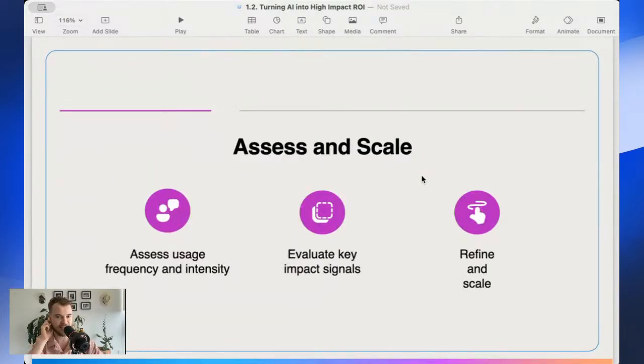Once you get going, assess usage, frequency, and intensity, evaluate the signals, and then refine and scale it. So you can really start with maybe some of your more technically capable users, people that are interested in AI, get them onto a short pilot.